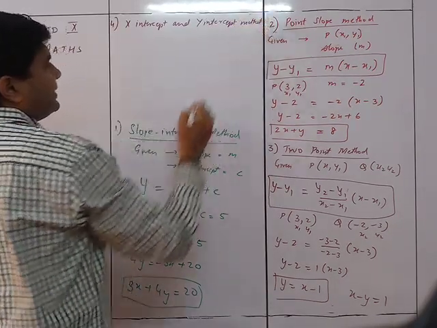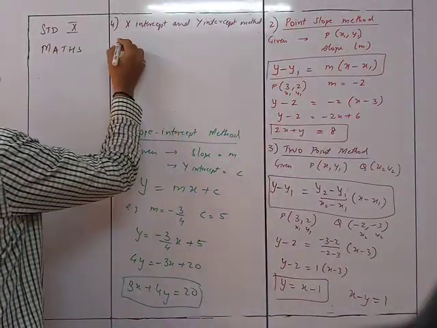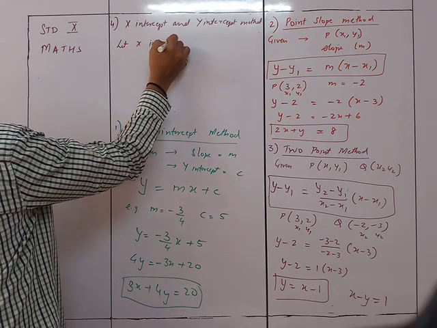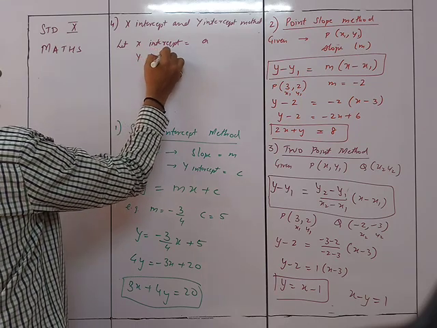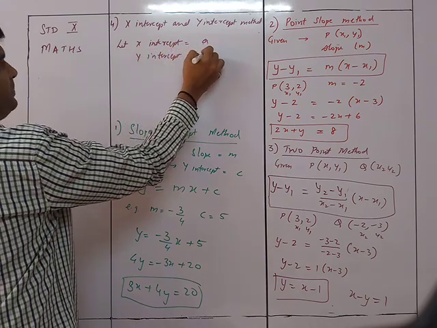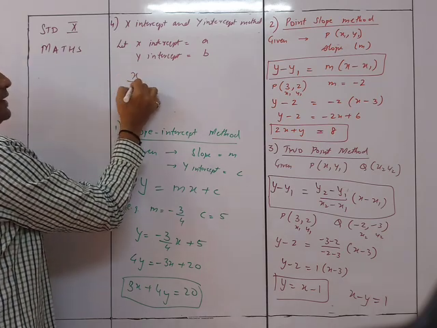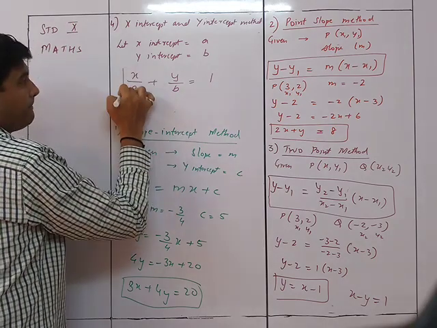If I am given both the x-intercept and y-intercept, let the x-intercept be a and the y-intercept be b, then the formula is x upon a plus y upon b is equal to 1.